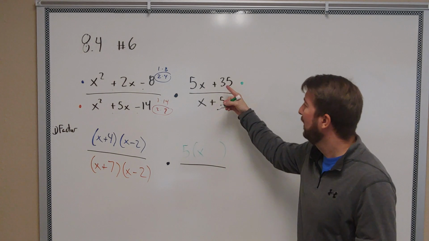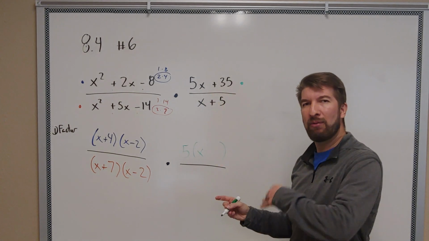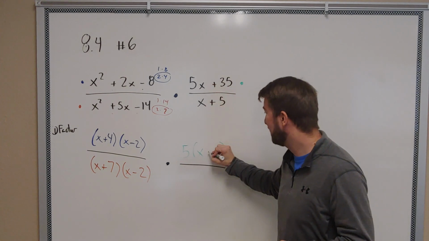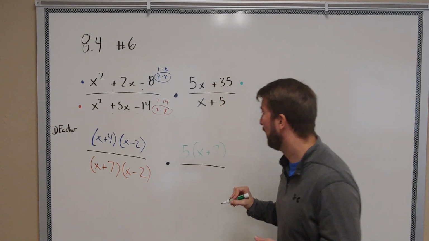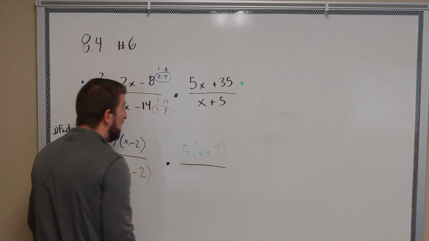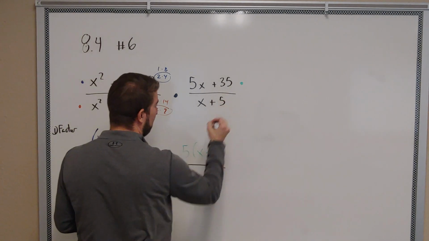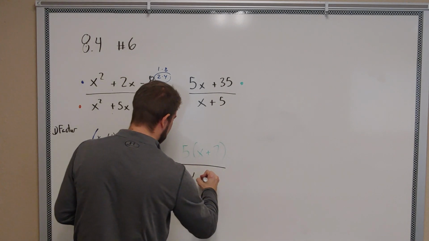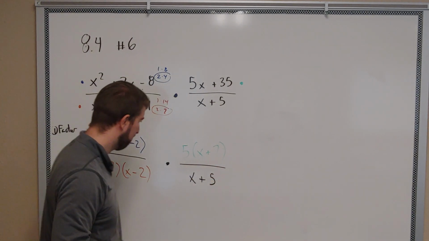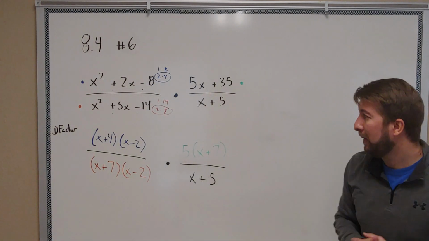When I do that, I'm essentially doing sort of reverse distributive property. 35 divided by 5 is 7. So when I rewrite this, it's going to be 5x plus 7. And I'm going to keep this one black because I don't have to do anything. It's already kind of factored for me, x plus 5. Now, that is our first step, factor.